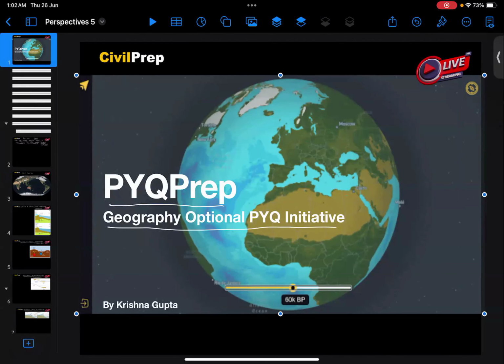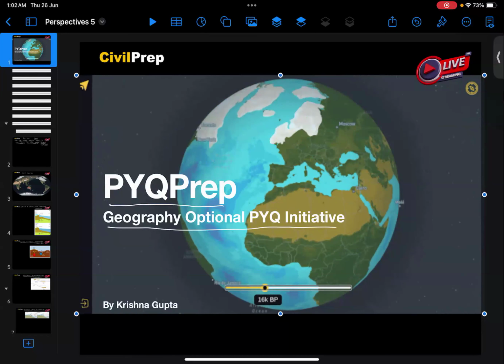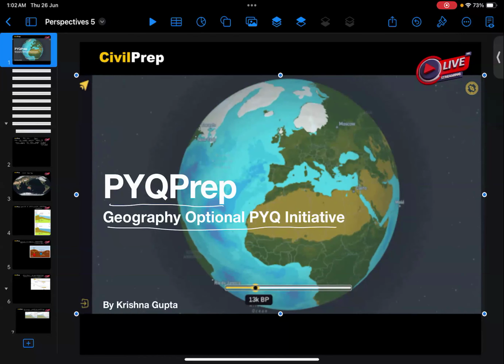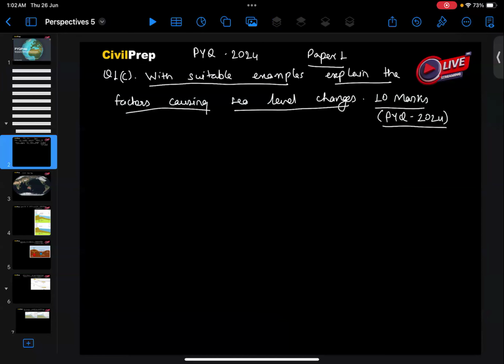Here we can see the region of North Africa and Western Africa, also the Middle East region. Here we see that there is rise and fall of sea level taking place. So this is the question which we need to address here. This is the part where we'll be referring to the sea level changes.